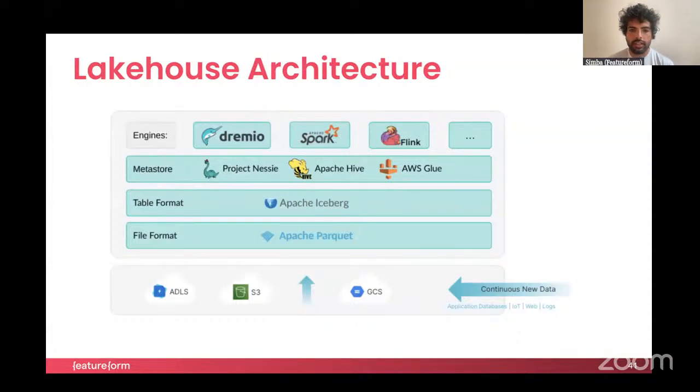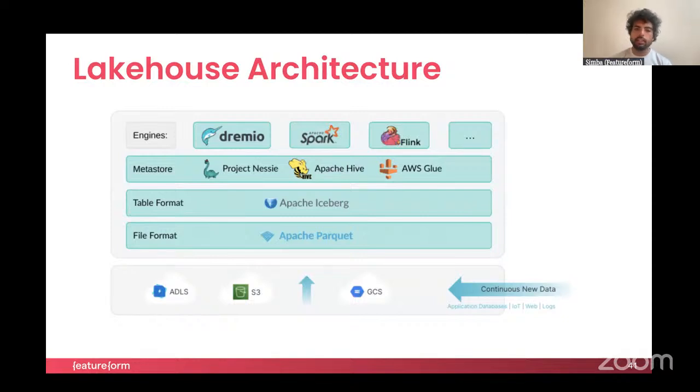The more interesting thing that we've done is that in the last year, we have rewritten Featureform entirely around the idea of a lakehouse architecture. So what is this exactly? When you think of lakehouse architectures, typically one of the main things you should think about is a table format.